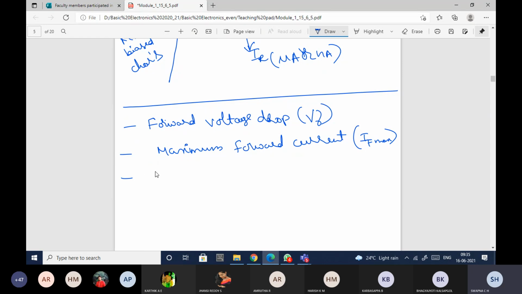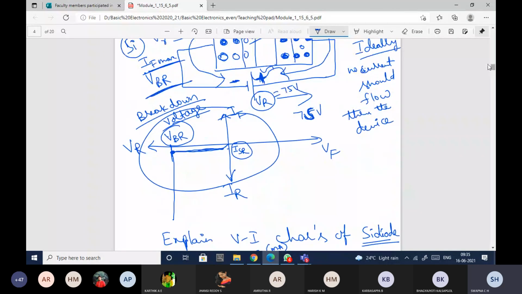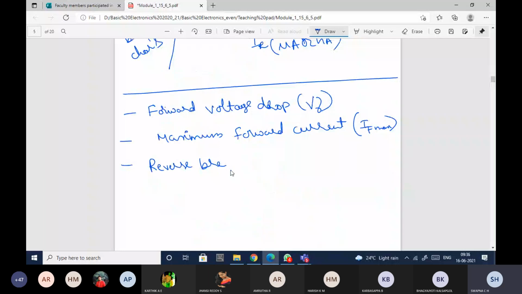Then we have also seen the reverse breakdown voltage, which is given as VBR.